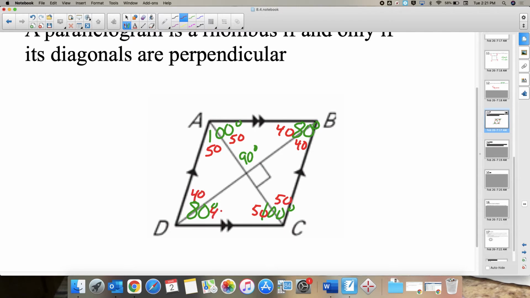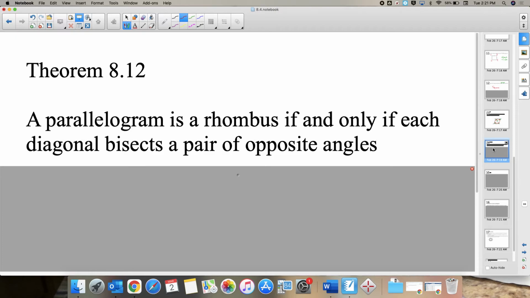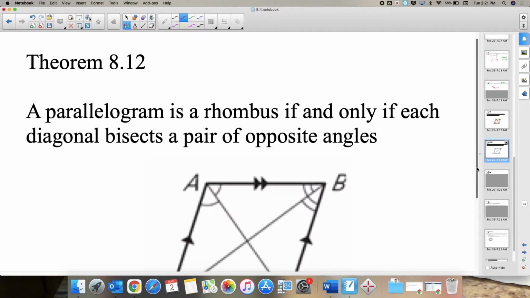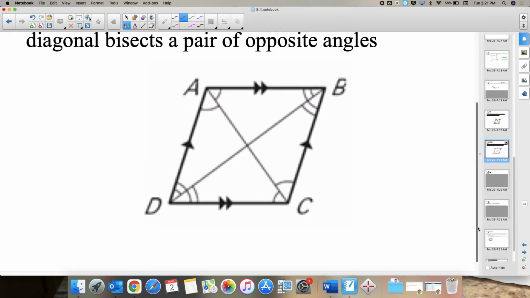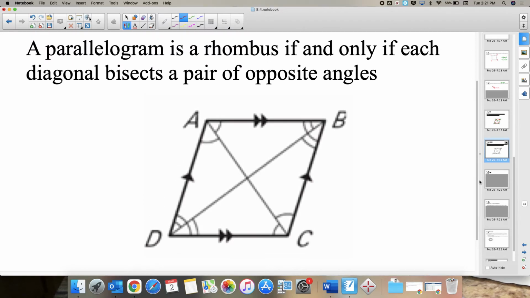The diagonals will bisect those opposite angles. A parallelogram is a rhombus if and only if each diagonal bisects a pair of opposite angles. Right, so that's what we're looking at there.